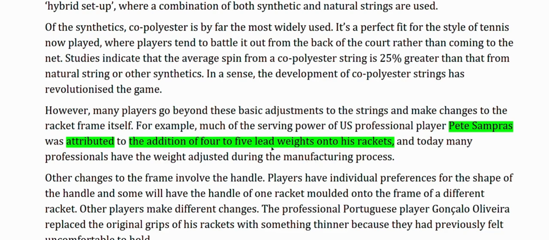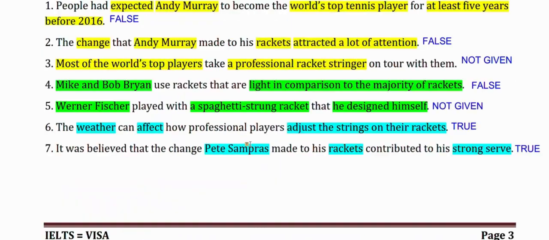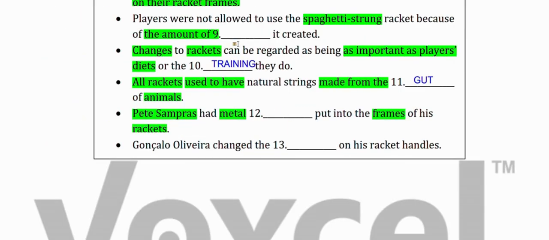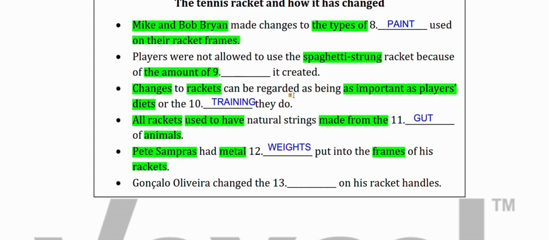So we know the answer should be weights. Lead is a sort of metal, so our answer should be weights. So be very careful. If you miss this particular S, your answer will be marked wrong in the exam.